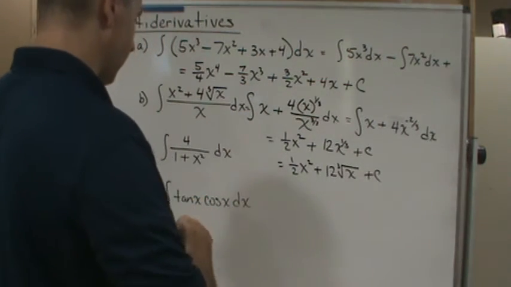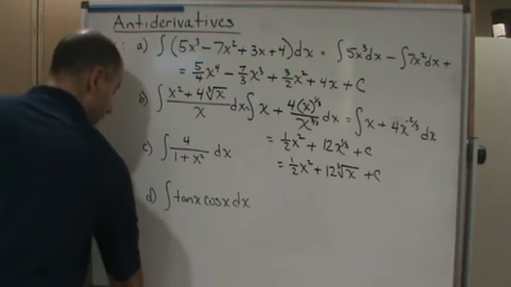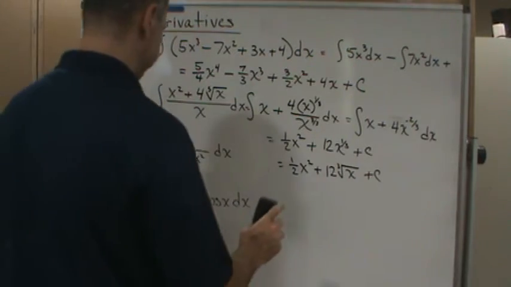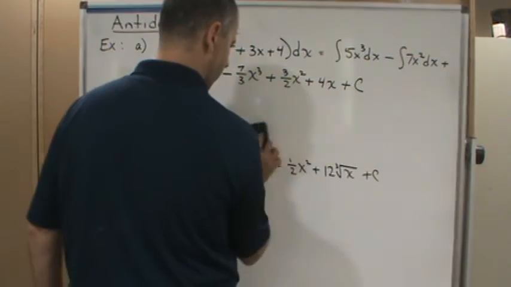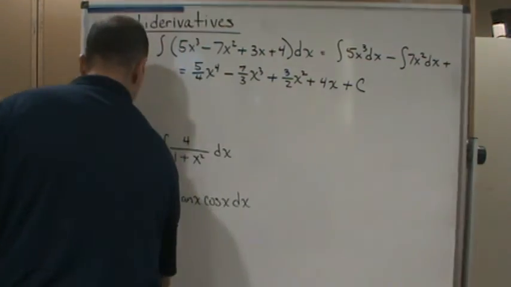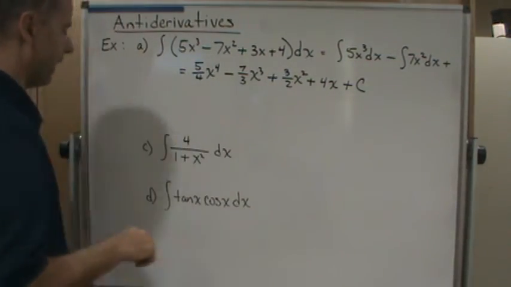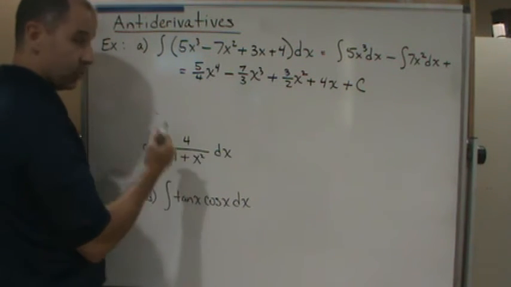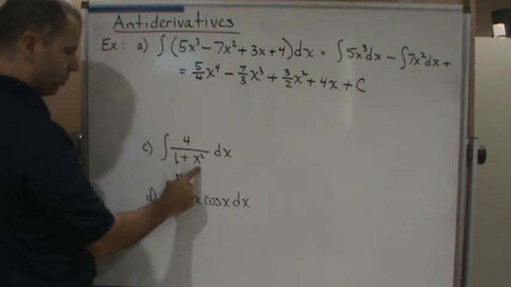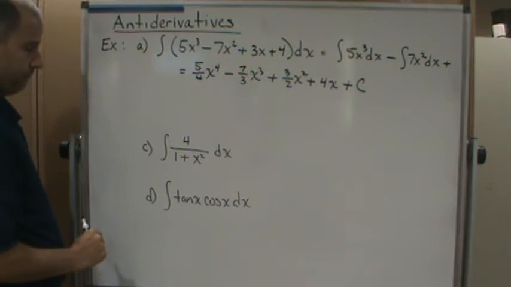Okay. Now, the next one. We're going to have to rearrange this one because I cannot break this up into two fractions, right? You cannot do that with this one, okay?